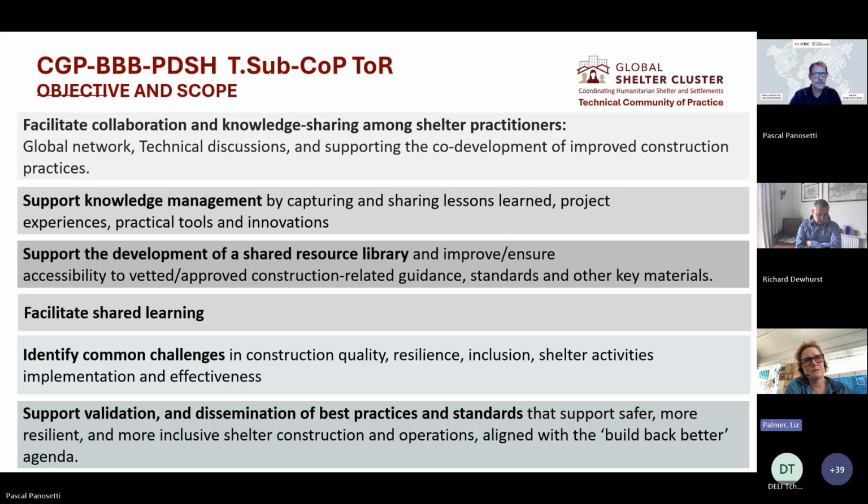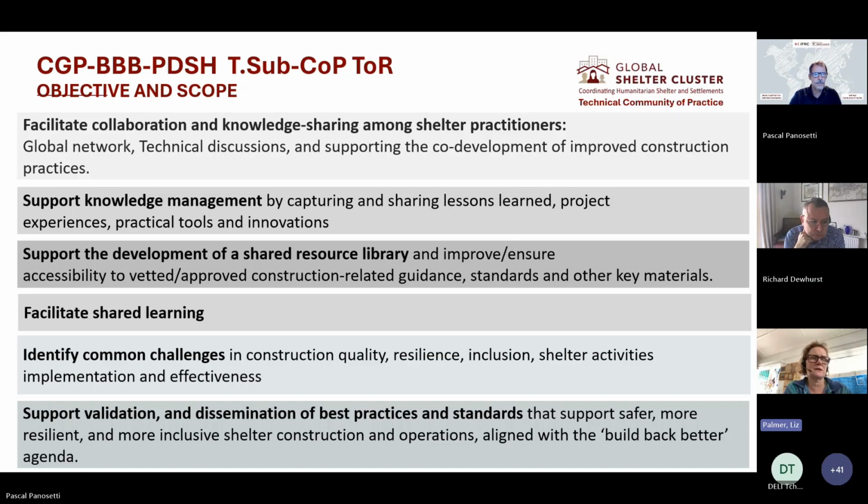So putting together webinars like these and also establishing shared resources on the Shelter Cluster Library. We're trying to facilitate more shared learning, which is another opportunity here that we're doing today. And of course, identifying common challenges in terms of particularly construction quality, but looking at a lot of cross-cutting areas of inclusion, and of course, the implementation and effectiveness.